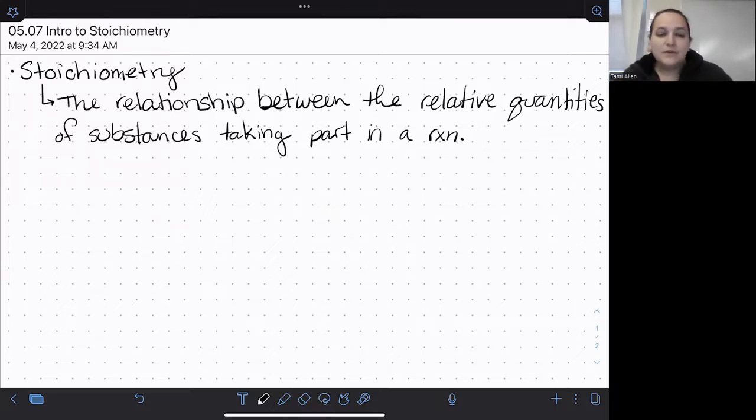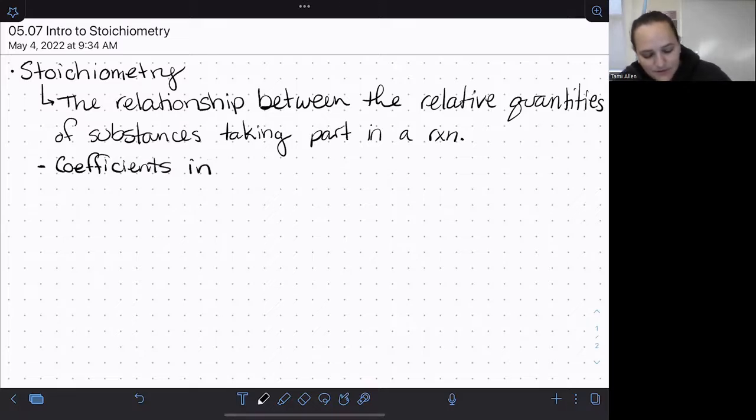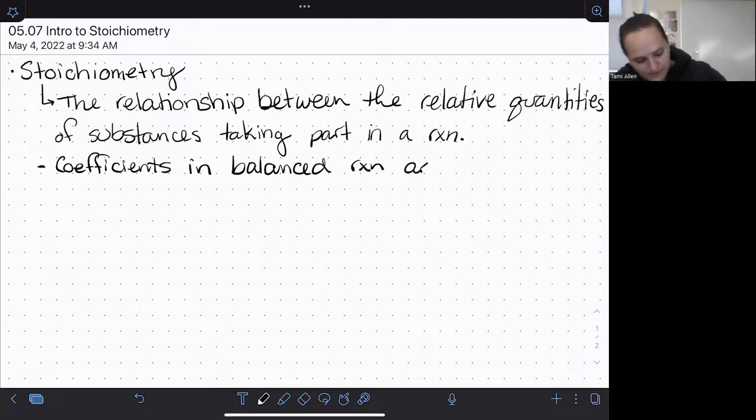So the way we do this is using the coefficients in a balanced reaction. And this is why having a balanced chemical reaction is super, super important, because the coefficients in a balanced reaction are just ratios of how much stuff in terms of moles is either being consumed or produced in our reaction.